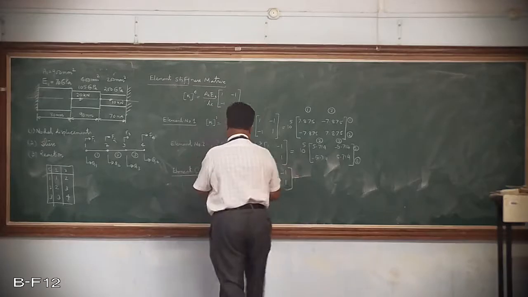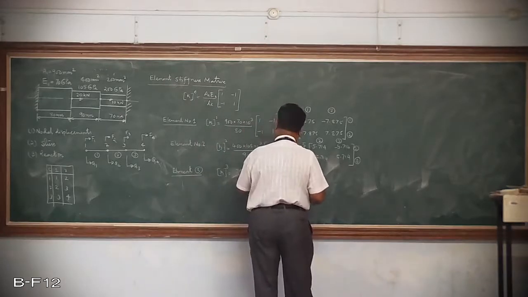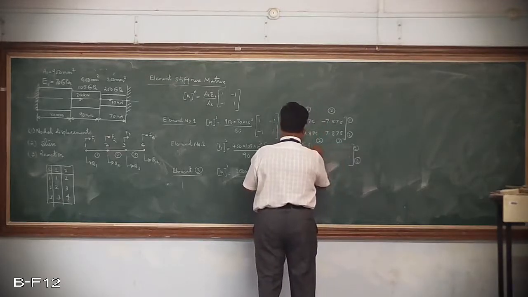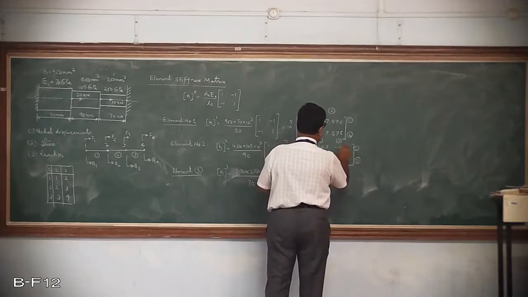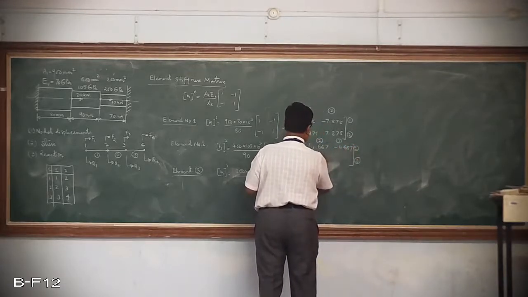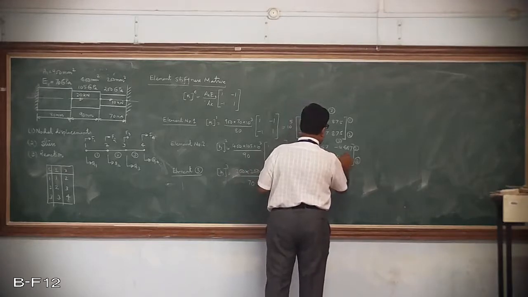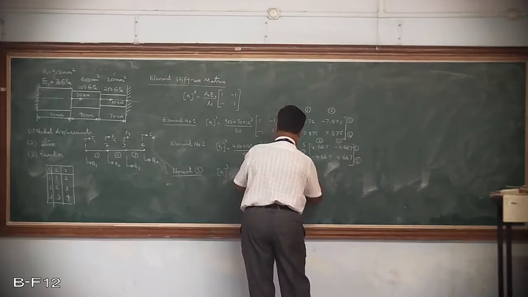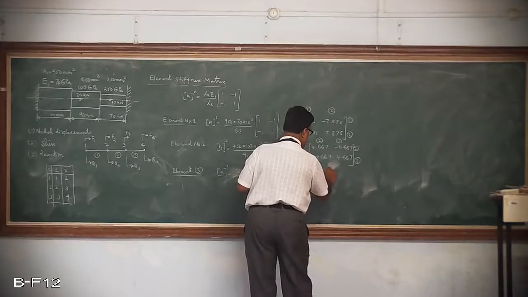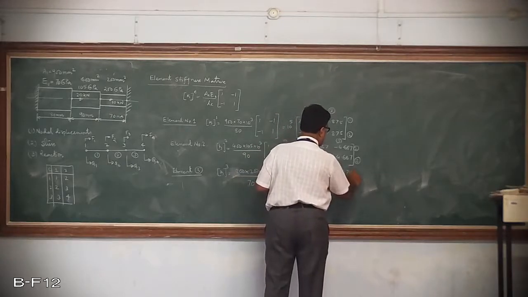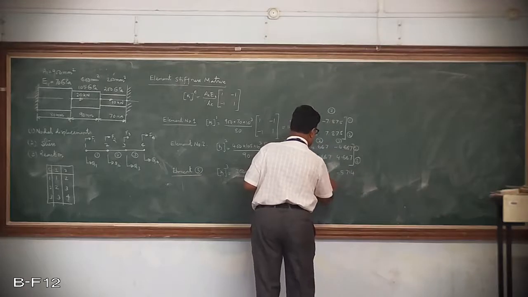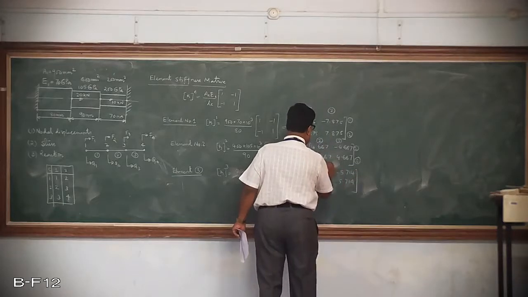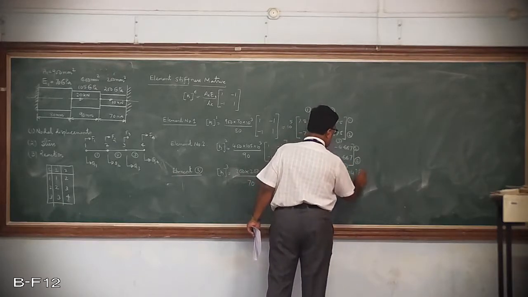This gives 4.667 minus 4.667 minus 4.667 4.667 in units of 10 raised to 5. The connectivity for this third element is 3, 4.